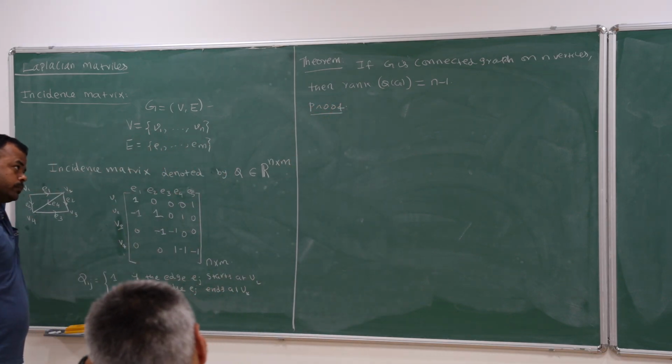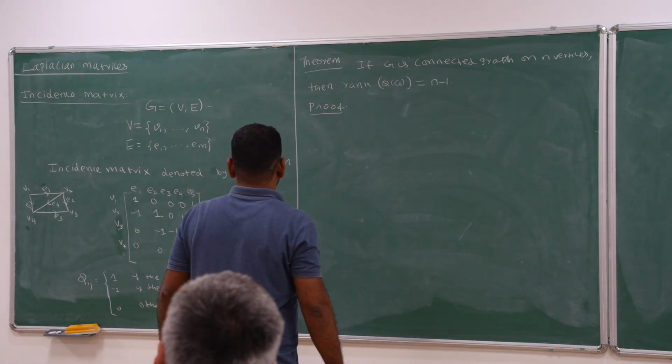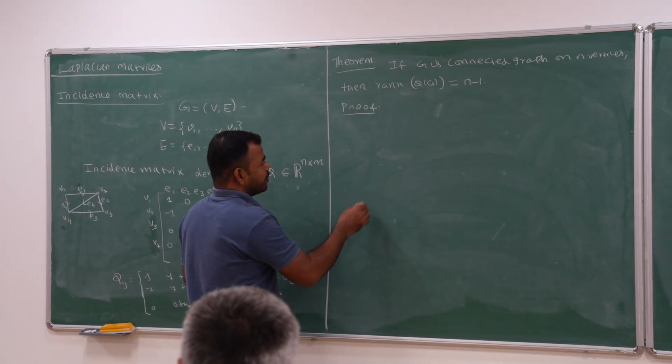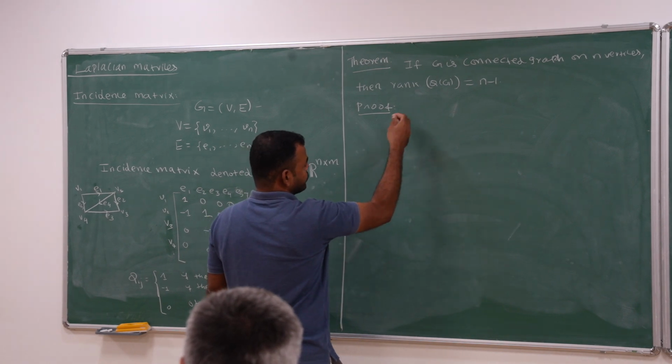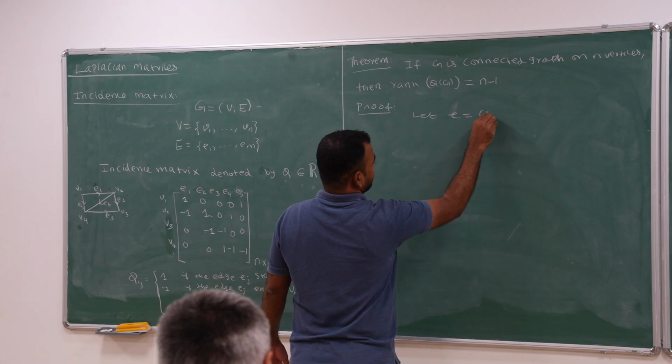So what's the proof? We will use the left null space argument. If I take any arbitrary vector, first we will start with the all ones observation. Let e denote the all ones vector.